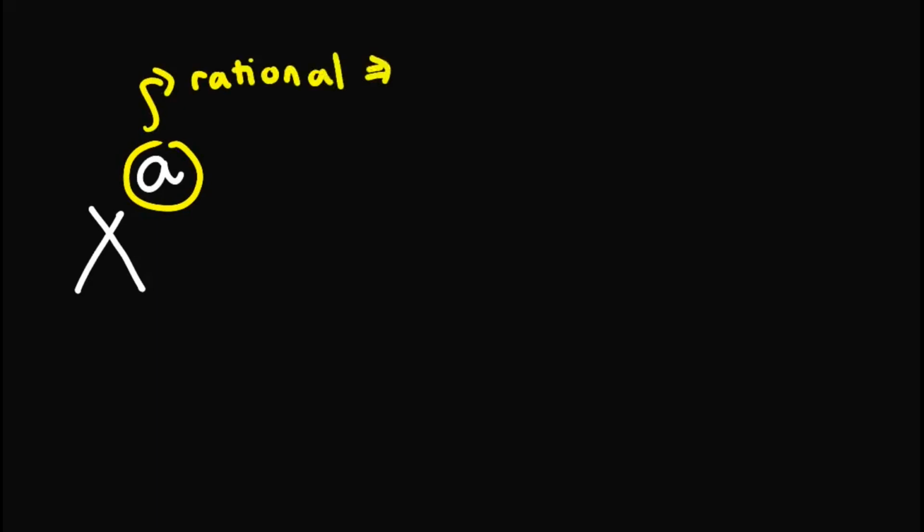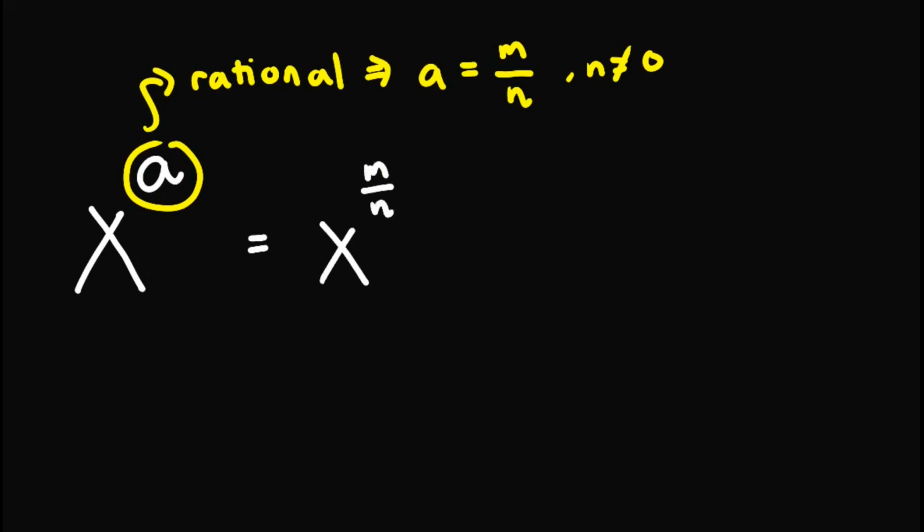So that means that a can be written in the form m over n, where n is not equal to 0. So we can write this one as x raised to m over n.